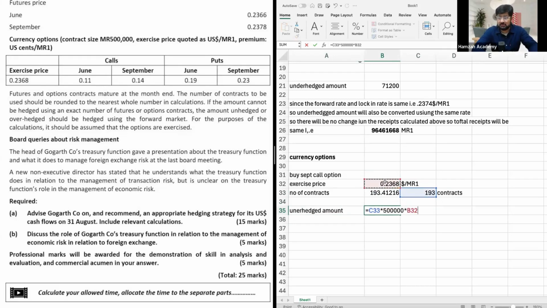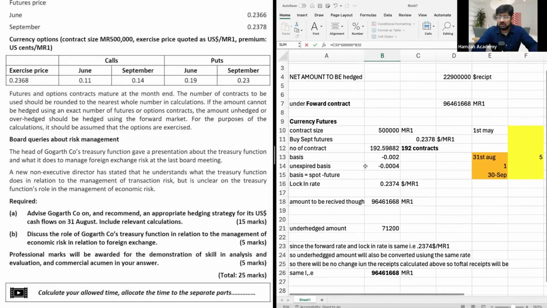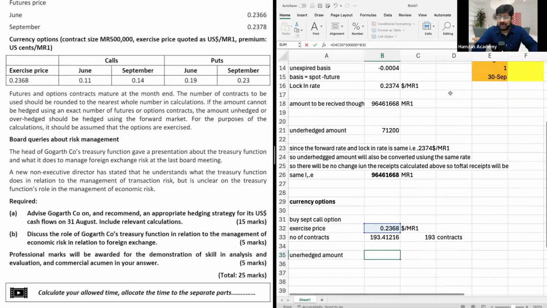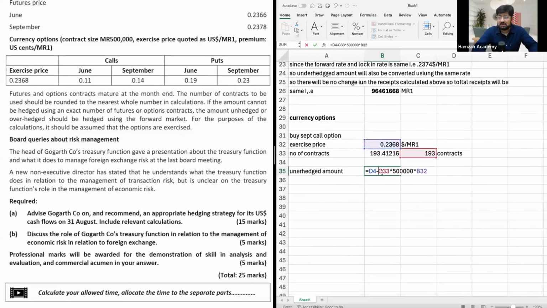This is the under-hedged amount in dollars: total amount to be hedged less number of contracts, contract size, and exercise price.